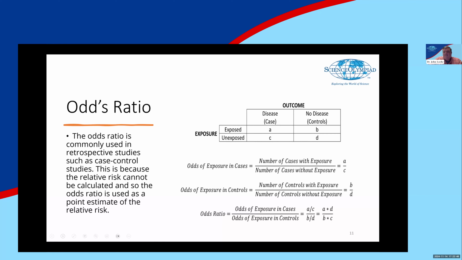If you have those clues in your question, odds ratios are important in case control studies, whereas relative risk is important in cohort studies. I would urge you to go through various study designs, and that will really help you understand when to use what. But overall, bottom line, for case control studies you use odds ratio, and for cohort studies you use relative risk.